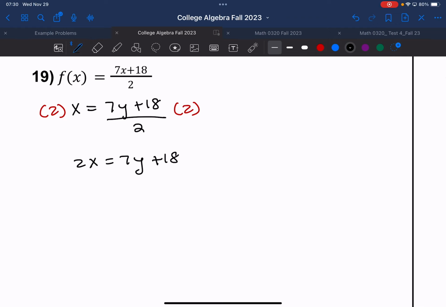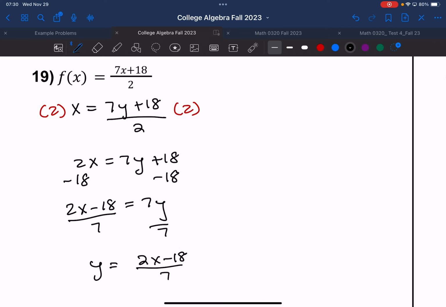What's my next step? Subtract 18. So I have 2x minus 18 equals 7y. Then what's my last step? Divide by 7. So I have y is equal to 2x minus 18 over 7.